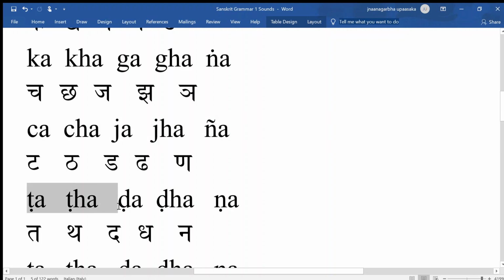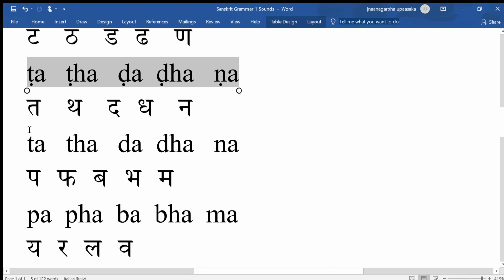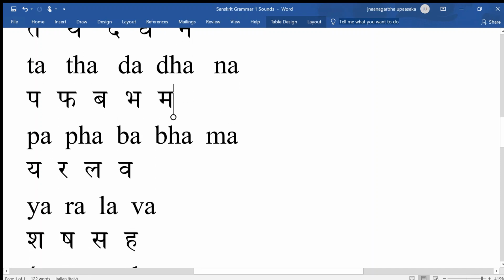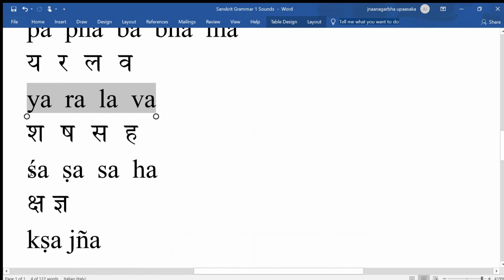Ta, Tha, Da, Dha, Na. Pa, Pha, Ba, Bha, Ma. Ya, Ra, La, Va. Sha, Sha, Sa, Ha, Ksha, Nya.